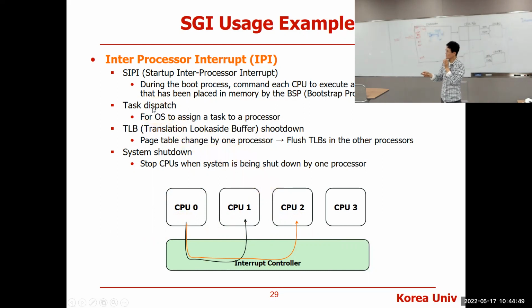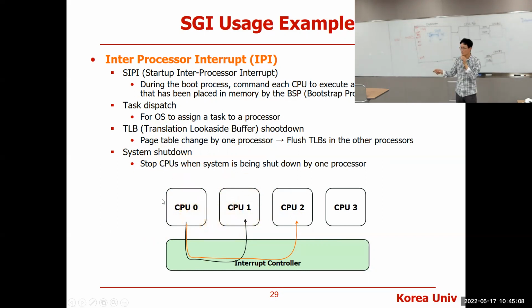And the second example is task dispatch. Think about the operating system and task scheduler. There is some task you want to run on CPU 1.